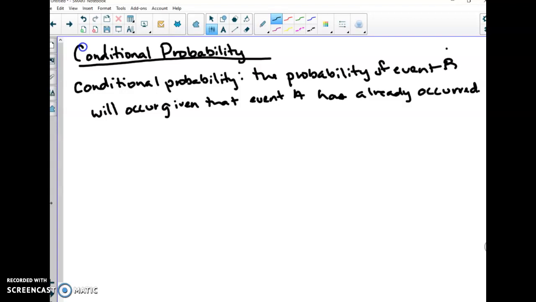With that being said, there is a conditional probability formula.